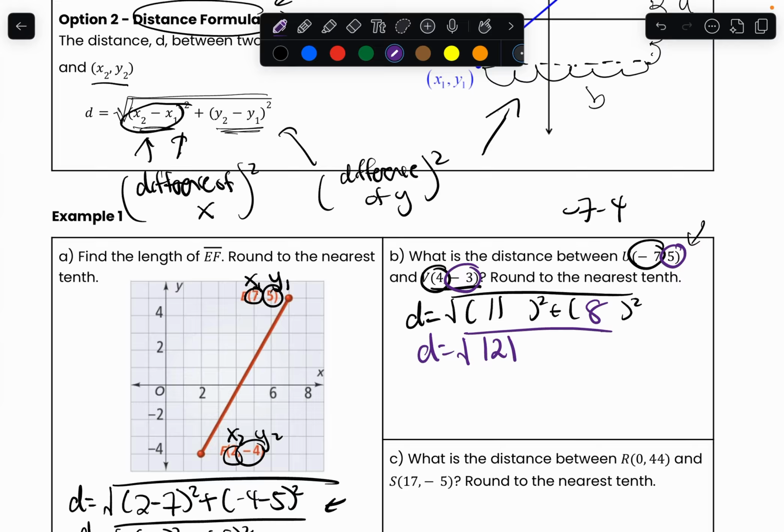If you simplify this, your value here will be D equals the square root of 185. And if you put it in the calculator, your value rounded to the nearest tenth place will be 13.6.